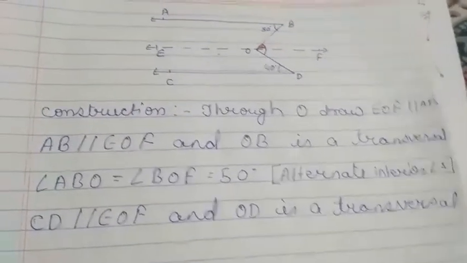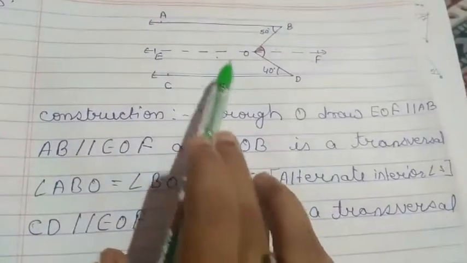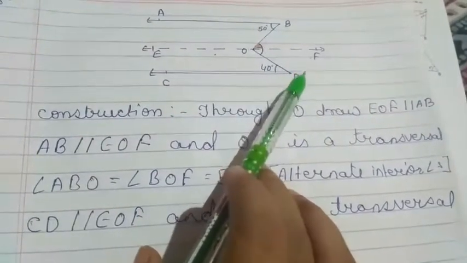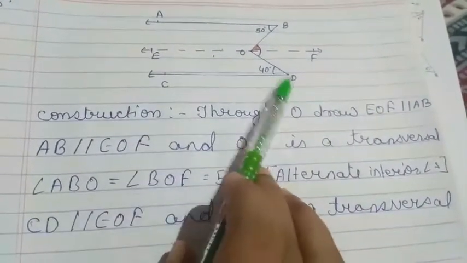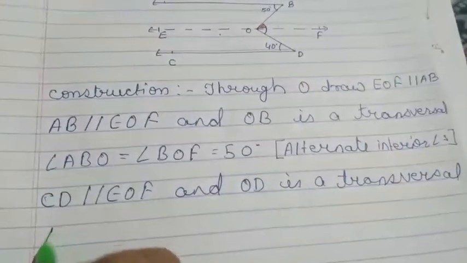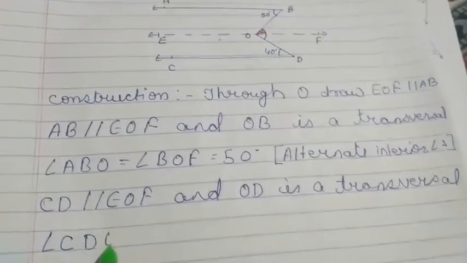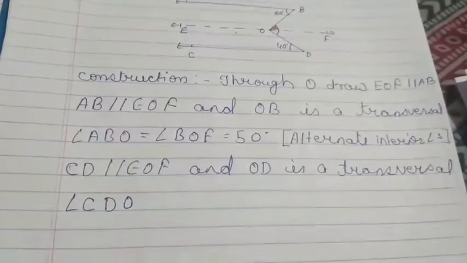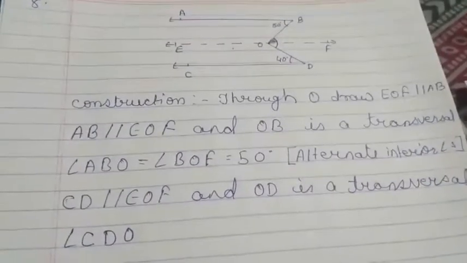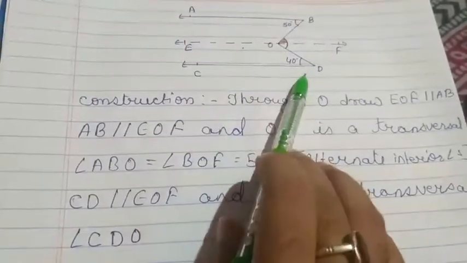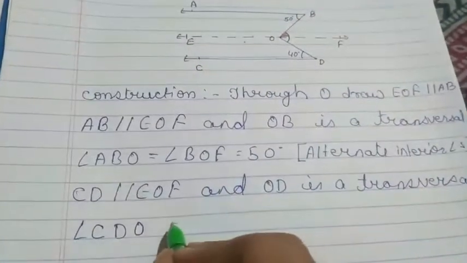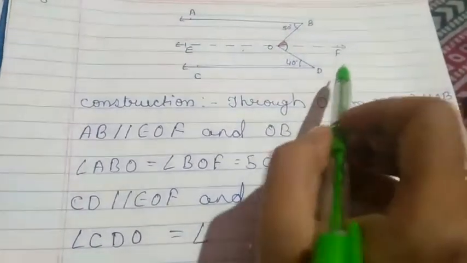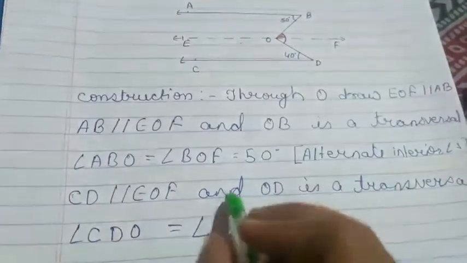Now when these two lines are parallel and OD is a transversal, again angle CDO, I think here given, this one, see, CDO. Okay, so I written here CDO is equal to angle DOF.